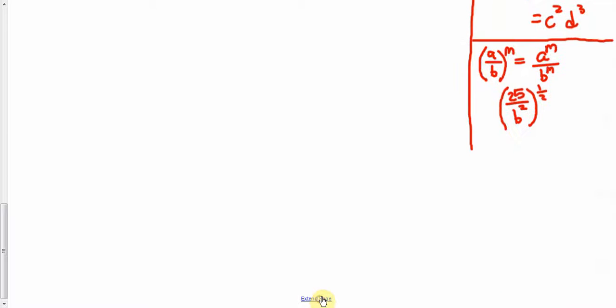What does that mean? Well, I would have to take 25 to the 1/2 power and b squared to the 1/2 power. The 1/2 power means square root. So the square root of 25 is 5, and then this would just be over b, because the 2's would cancel.